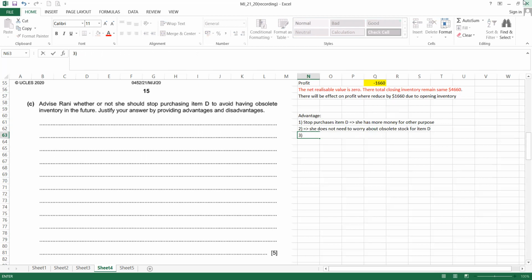Let me think what else could be the answer. She has more money for other purposes, and what else can we think about? After we don't buy, she can save storage cost due to less inventory to keep. That's 3 points, but 2 points should be enough already actually.